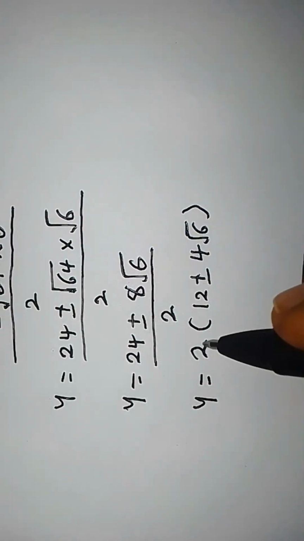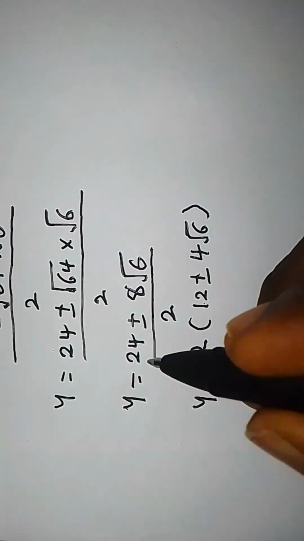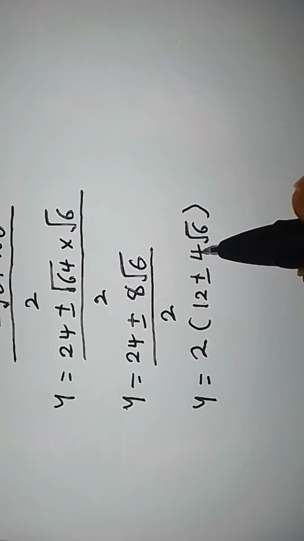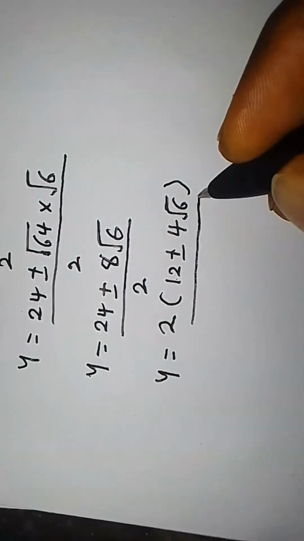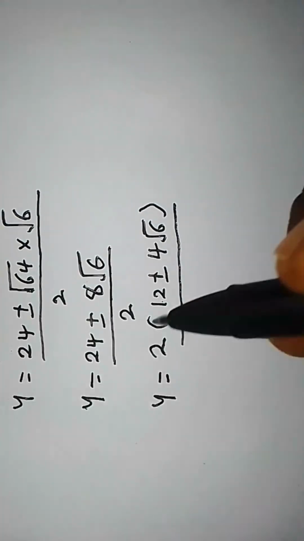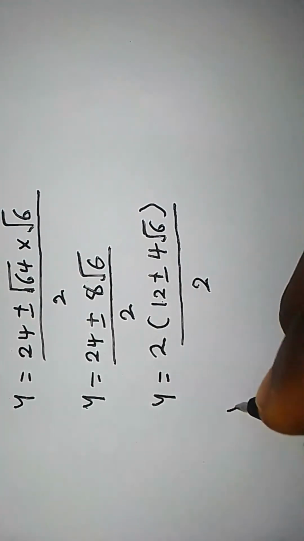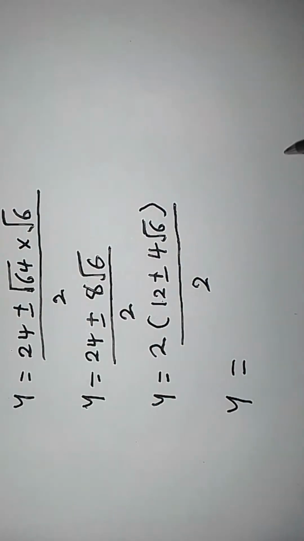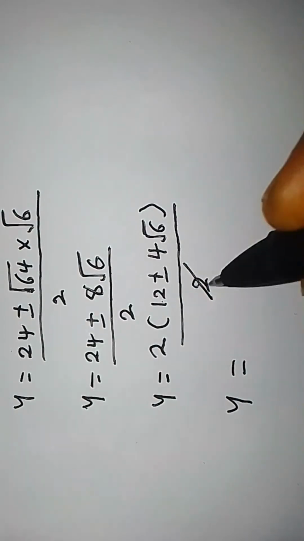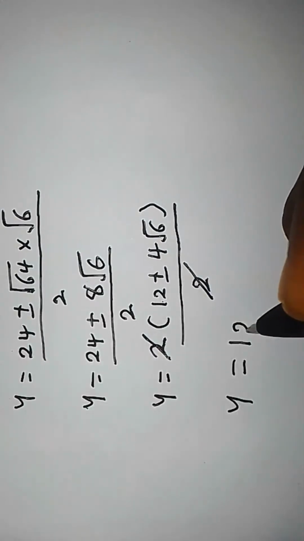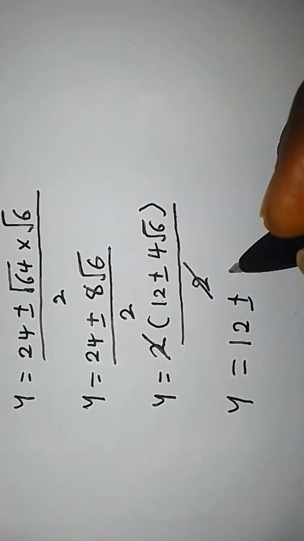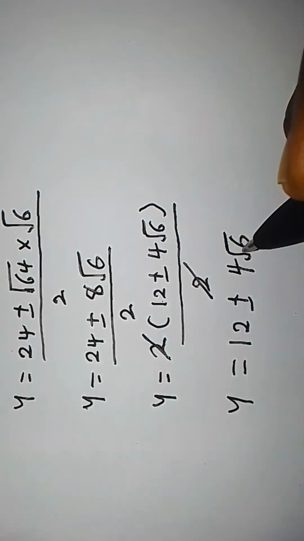That is 2 times 2 times 12, that is 24. 2 times 4, that is 8. Let's continue. Divided by 2. y is now equal to, clearly, 2 cancels 2. We are left with 12 plus or minus 4 root 6.